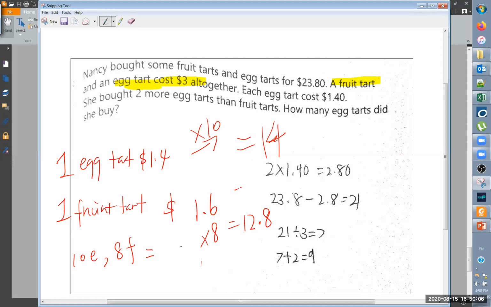Okay, good. So write down first $26.80. Compared to $23.80, does it make sense? No. Why? Because you use $23.80, right? So that means in this trial and error, your 10 is too big.